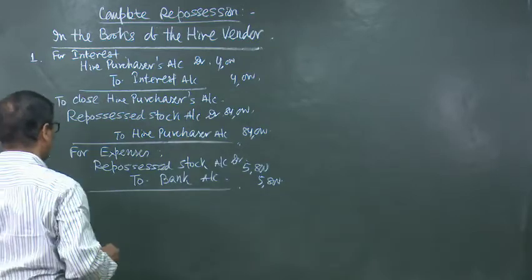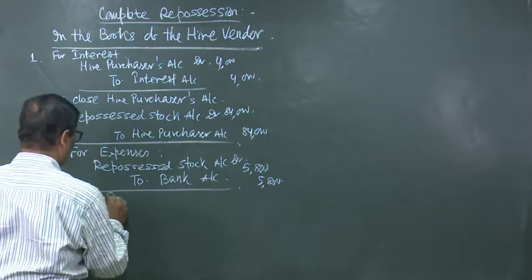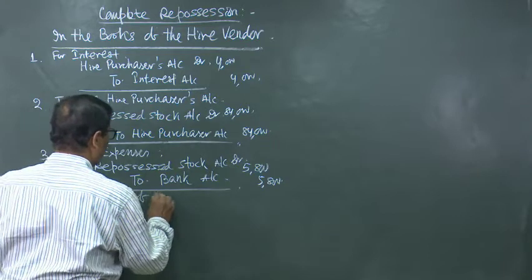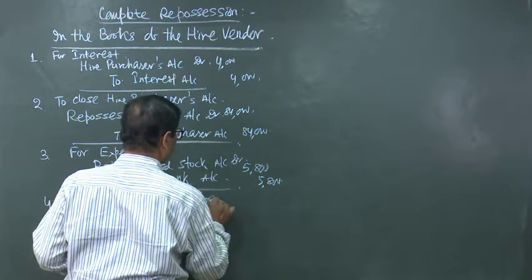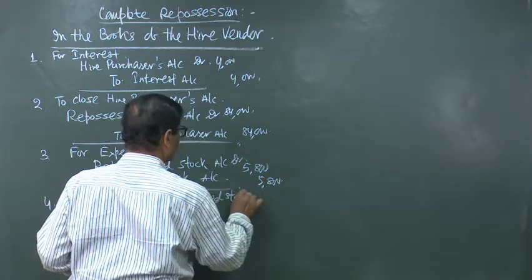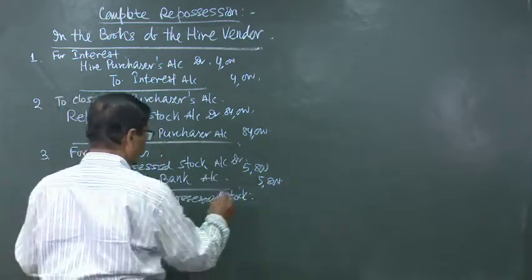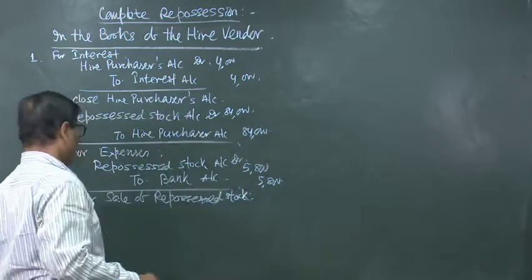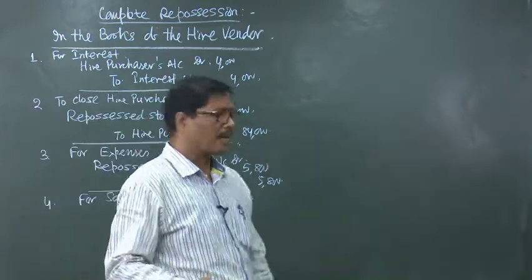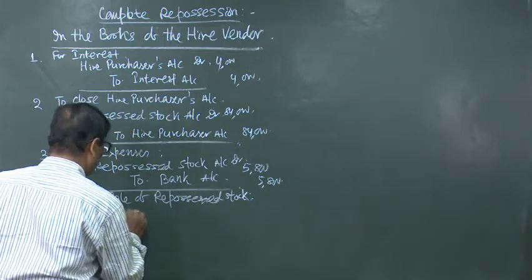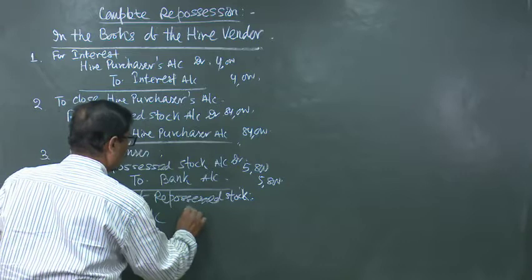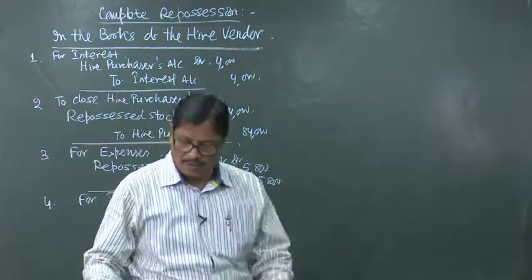And the fourth entry is for sale of repossessed stock. For sale of the repossessed stock, we can write bank account debited with the sale proceeds. For how much are we selling it?